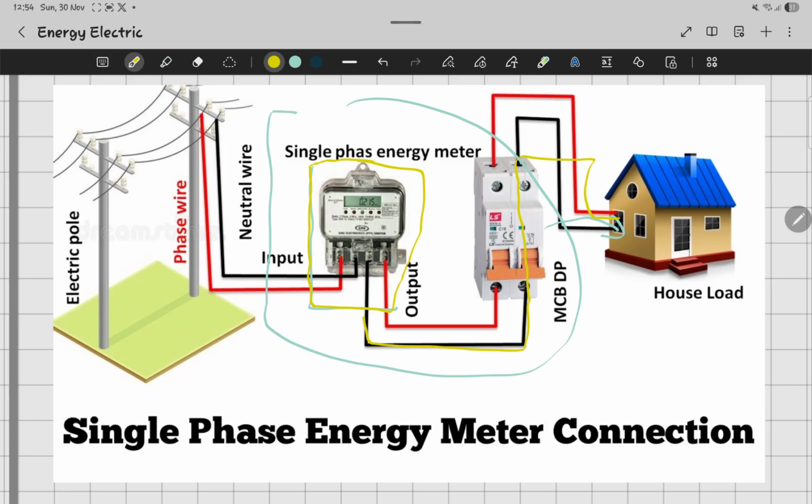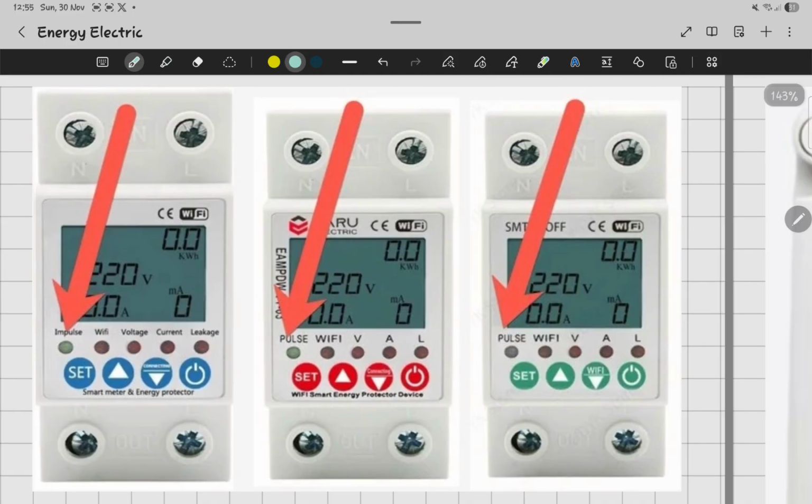Let's go further. Our main focus is on the electricity meter unit. This is just an example of a meter unit. You can see the measurement that we get is in kilowatt hours.